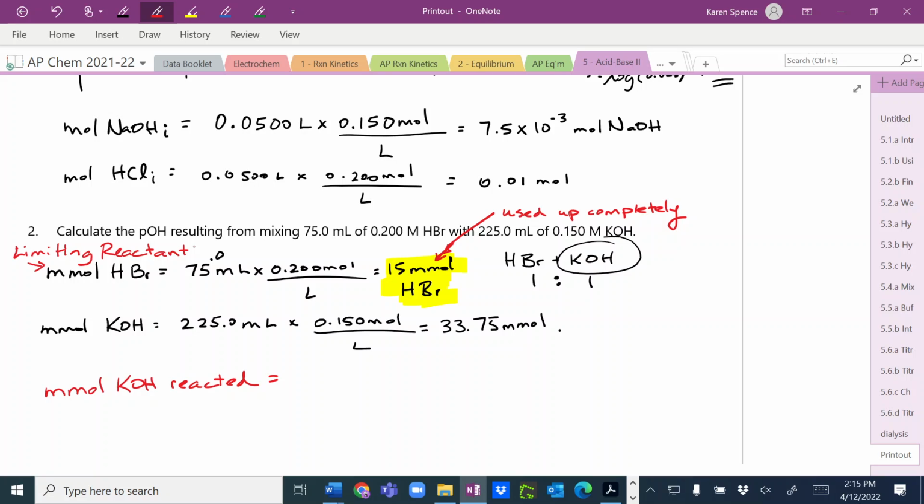But, you know, I don't know what they're looking for in the AP exam exactly in terms of that. So, millimoles of KOH reacted, how do we know? Well, it's because this is 1-to-1, so it's equal to how much? I want to know how much reacted, not how much is left over. 15, yes.